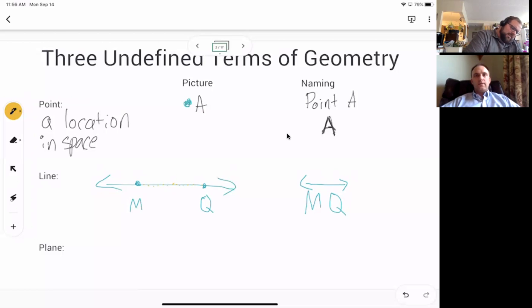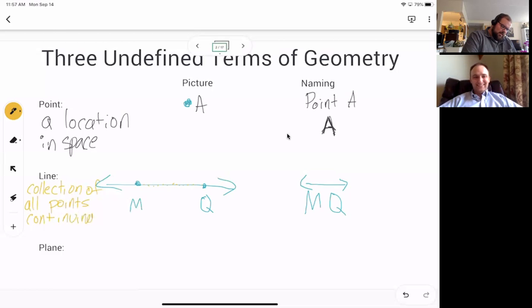Literally, this is why these things are undefined. We're doing a nice job of stumbling through clear language to say this, but this is why we define these things as undefined terms. So maybe a collection of points continuing infinitely in two directions? I'm going to say a collection of all points.